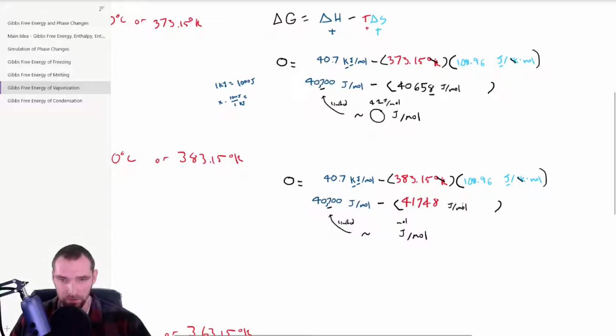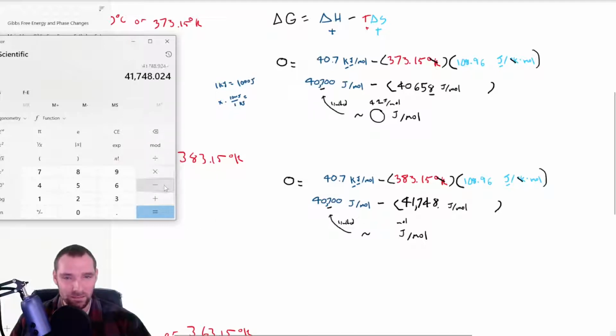And we could keep on writing it, but I very much doubt that we're going to have that many sig figs. So we kind of just cut off there. And there was a decimal point and some other numbers. This I know is limiting right there. So our final answer is going to get limited in the hundreds place anyways. So it's just kind of like, why go way further? Right? Okay, so we've got that number and subtract 40700.